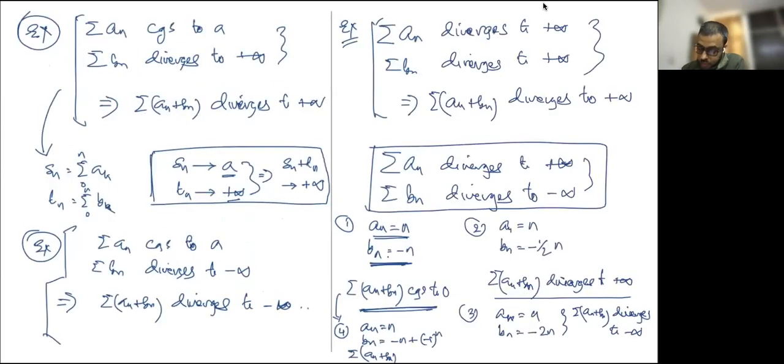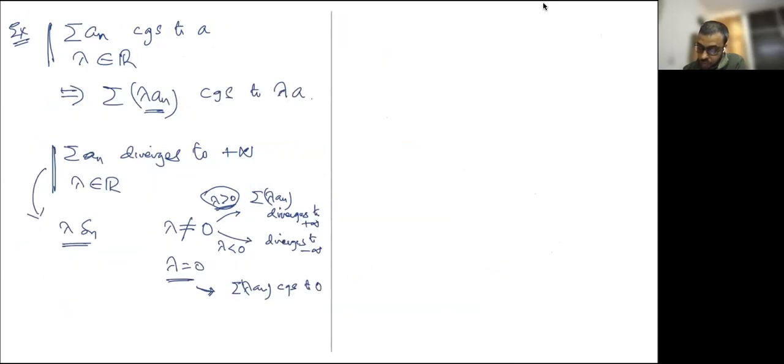So we have looked at the sum of two series, and the scalar product with this. So you can now say something about this also. So this would be combining the two earlier cases.